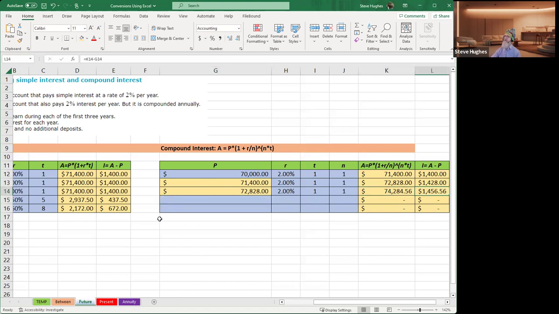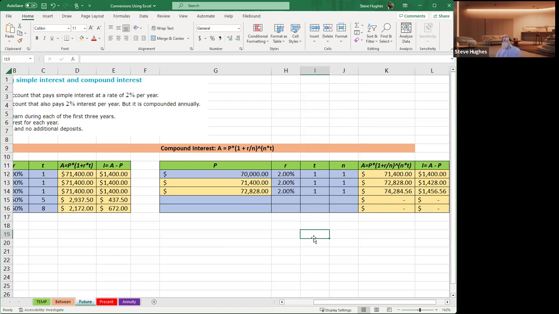So in the homework, you're comparing. They both earned 1,400 the first year. The second year, the person with compound interest earns more. The third year, the person with compound interest earns more. It's easy peasy. You're done there.